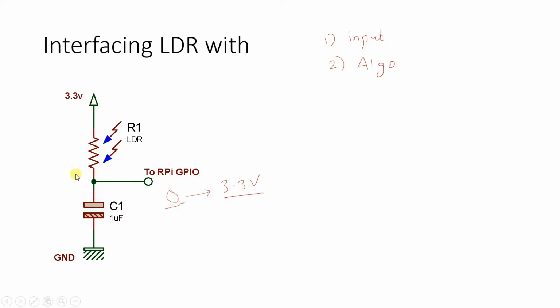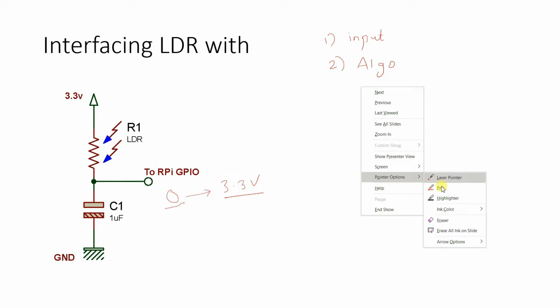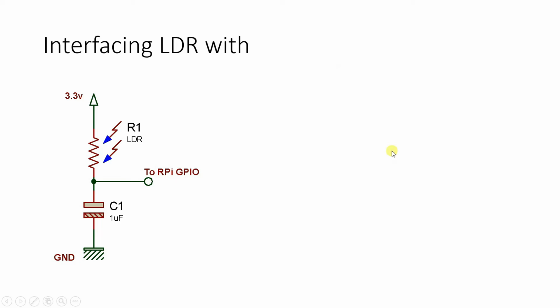So let's first understand the logic. To be precise, let's see how the exact algorithm should be. Now let me clear whatever was previously done. One point of the capacitor is going to ground and the second point is going to Raspberry Pi.